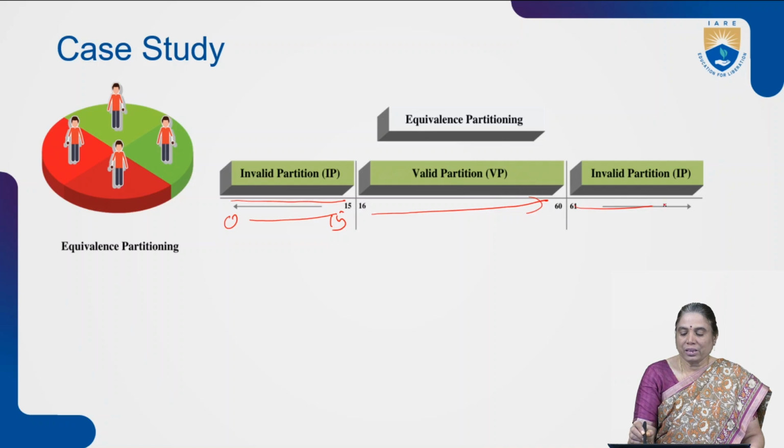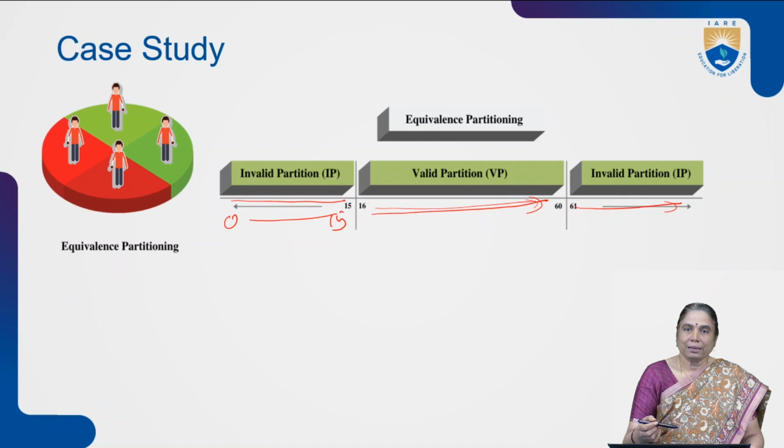Greater than 60 is again an invalid partition. So we are dividing the input range into invalid and valid partitions. In our case, the invalid partitions lie in the ranges 0 to 15 and 61 and greater, and the valid partition range is 16 to 60.